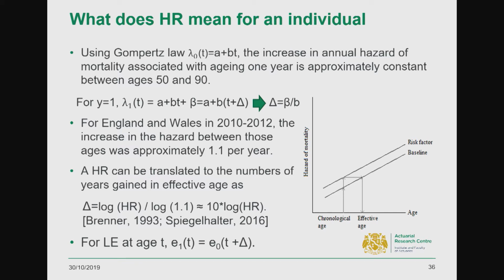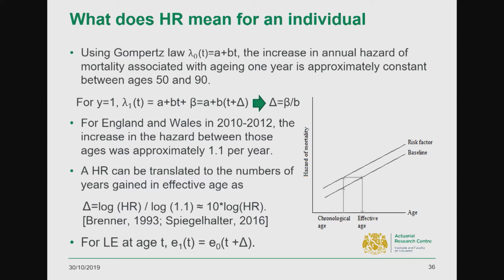And my higher line, say for smokers, is once more A plus BT plus beta, where beta is a log hazard, my coefficient from the Cox regression for that particular factor, say for smoking. So the distance between the two lines is just beta, the effect of my risk factor. And then it's very easy to figure out effective age from those two straight lines.